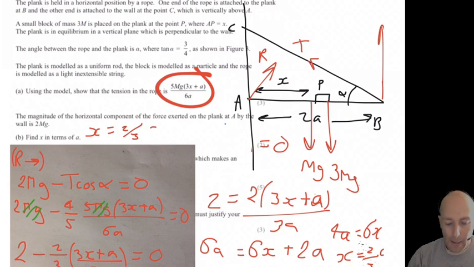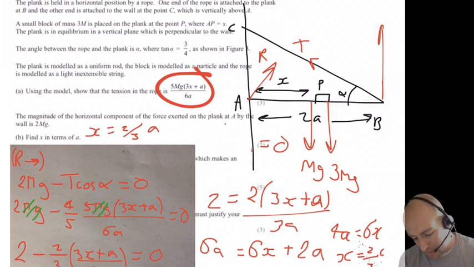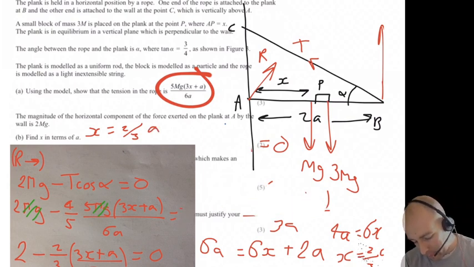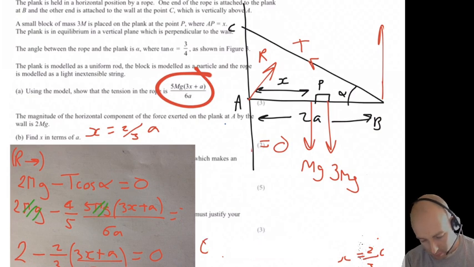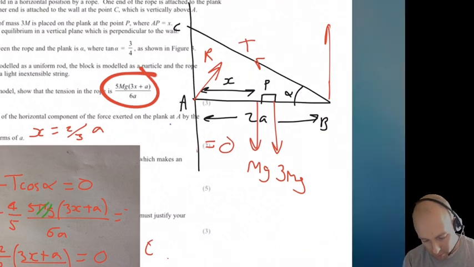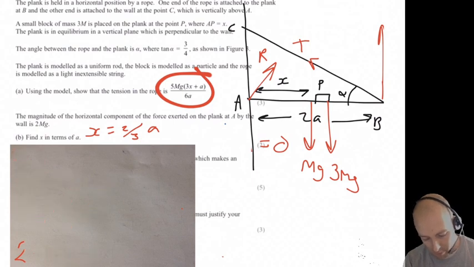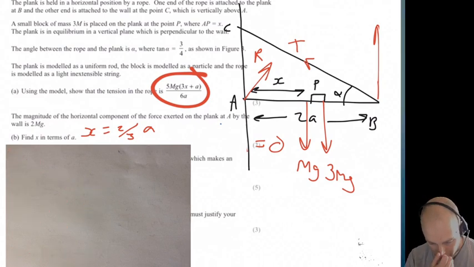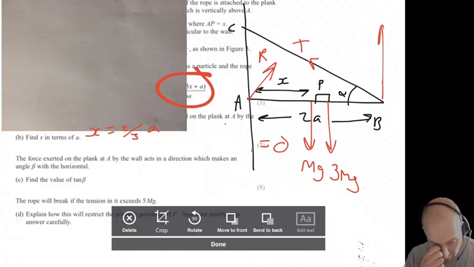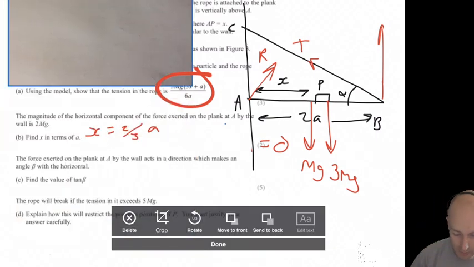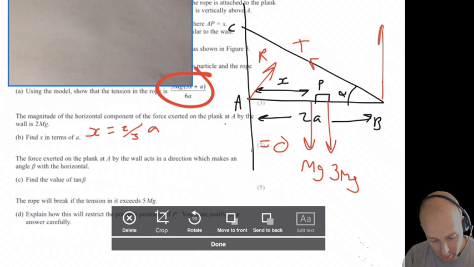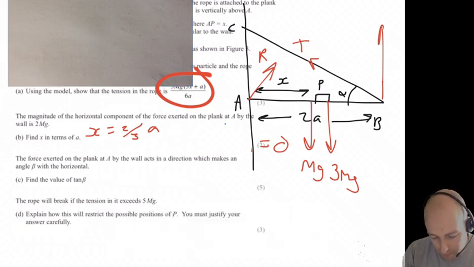Cool. Alright, so that's that part. Next bit then, I want to try and find tan of beta, and this is quite difficult.